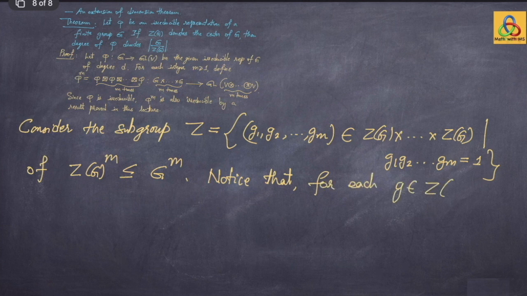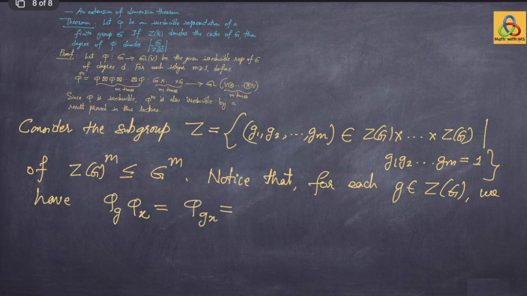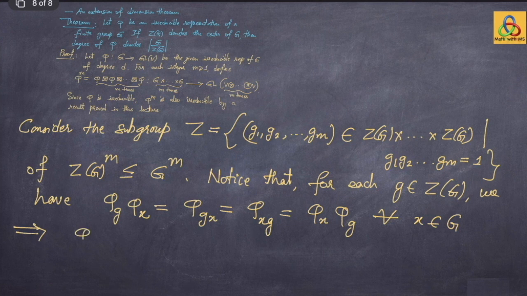Now notice that for each g belonging to the center of the group G, we have that phi g into phi x is the same as phi of gx, because phi is a homomorphism. But g is in the center, so this is the same as phi of xg, which is the same as phi x into phi g for all x in the group G. What does this imply? This implies that phi sub g is in Hom_G(phi, phi).